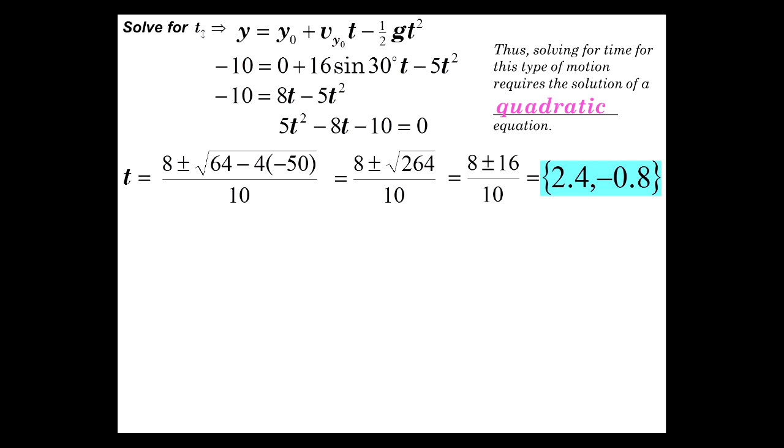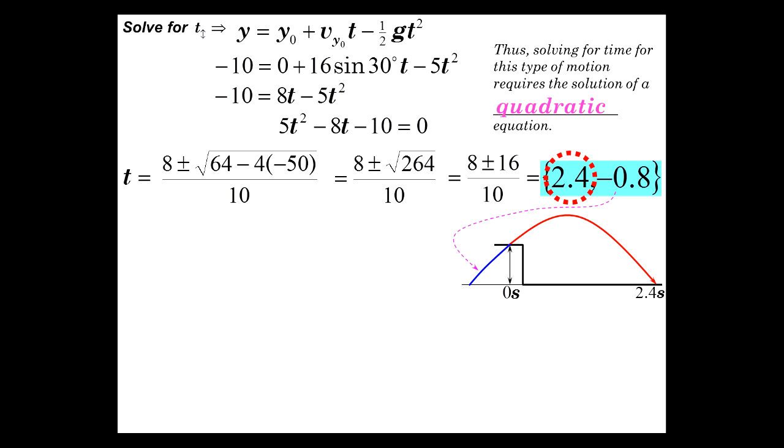So hopefully you're comfortable with the quadratic formula. Then let's just take a brief look at what we have here. The answer we're looking for, the time from this moment to the end of the flight, is the 2.4. Okay, so that's the answer. We're starting at 0 seconds and going to 2.4 seconds of flight.